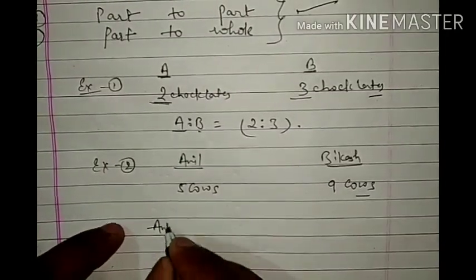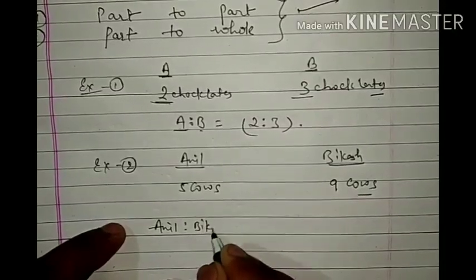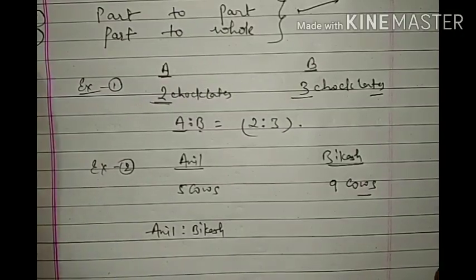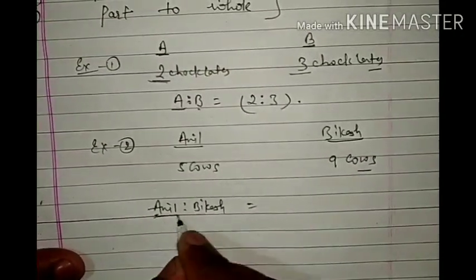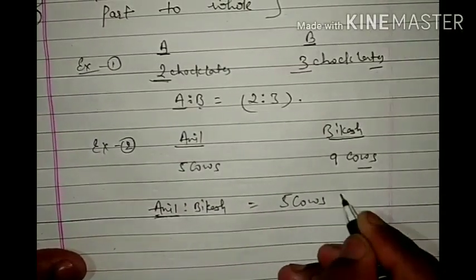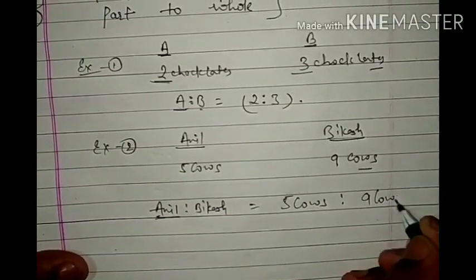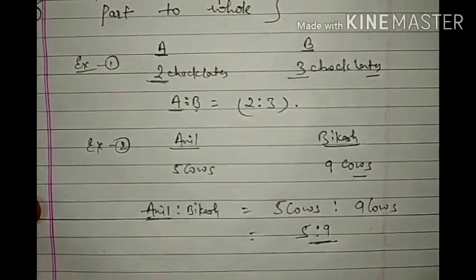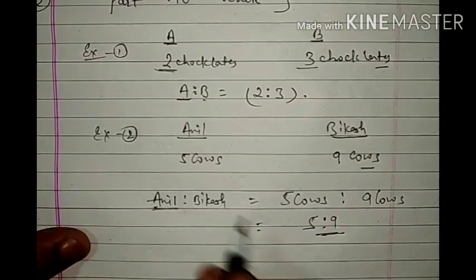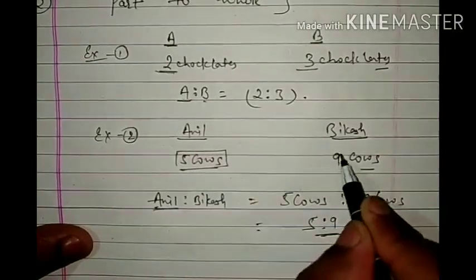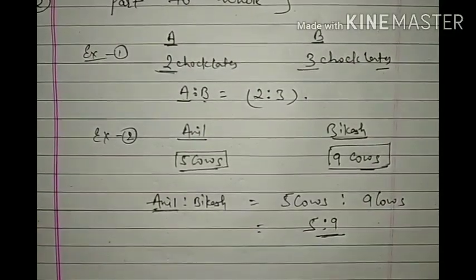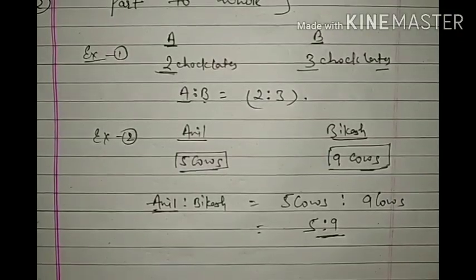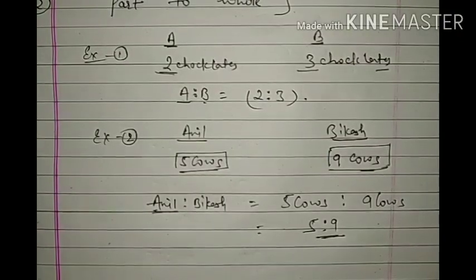You can find Anil ratio Vikas, or Vikas ratio Anil. That does not matter because I am asking about the ratio. Anil has 5 cows, ratio 9 cows. So the answer is 5 ratio 9. Here we are finding the ratio of one part to the other part, so this is an example of part to part ratio. I hope it is clear to everyone.